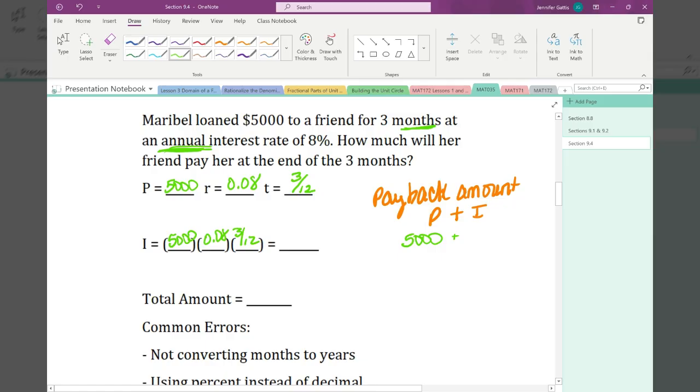And you pull out your handy calculator and figure out the total on that. So that would be a total of $100 in interest. So that means that the total amount the friend is going to have to pay back is going to be $5,100.